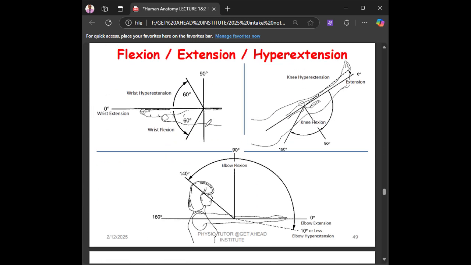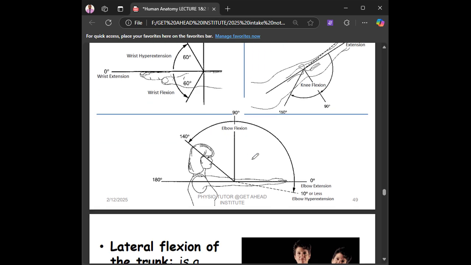So this slide is showing you various movements. The best example we can use is this one at the bottom, which involves the elbow.